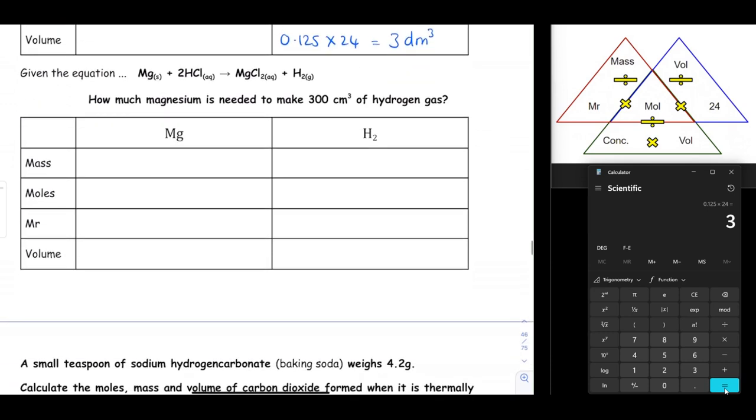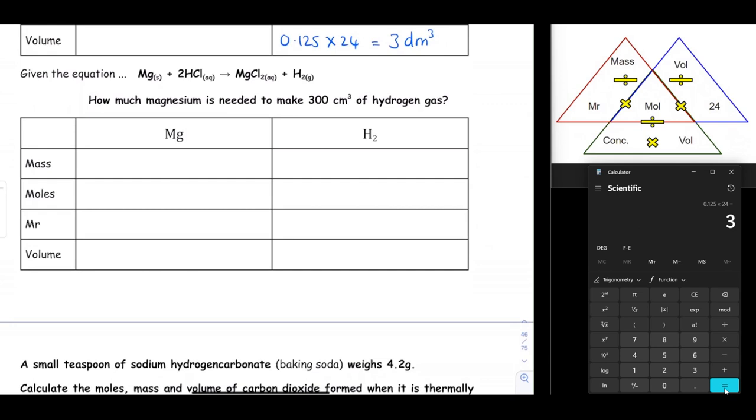So given this equation, how much magnesium is needed to make 300 centimeters cubed of hydrogen gas? So I'm going to look at my balanced equation. It's a 1-to-1 ratio. I've put in what I already have. I've got 300 centimeters cubed. I'm not going to fall into the trap of putting 300 in there because I know that all volumes have to be decimeters cubed. So I'm going to do 300 divided by 1,000 to put 300 centimeters cubed into decimeters.